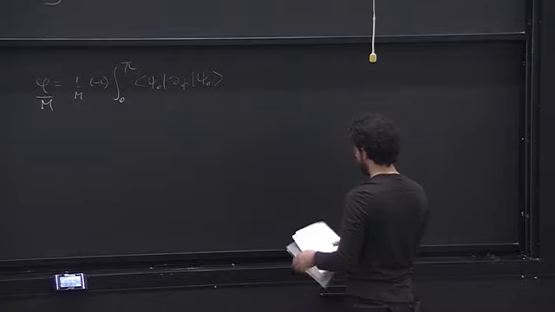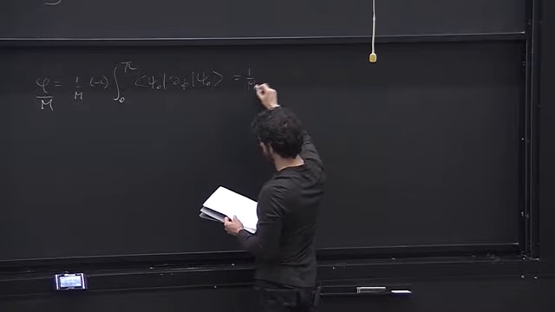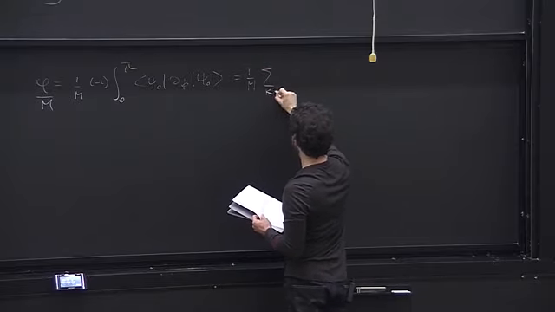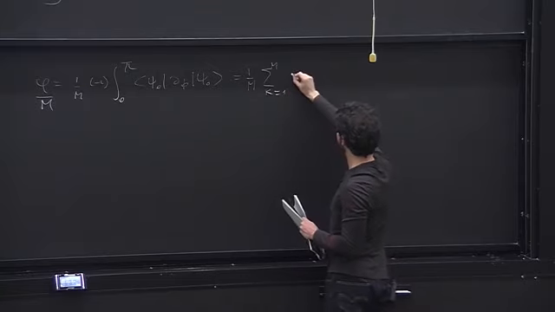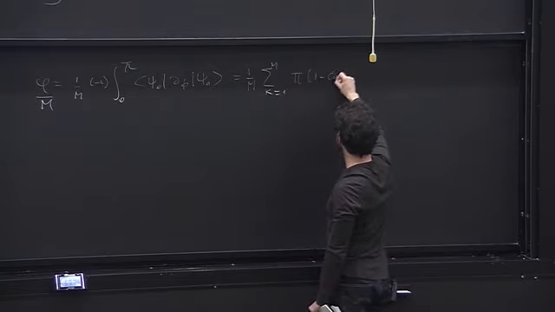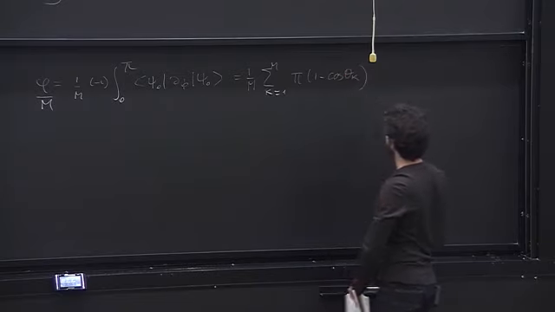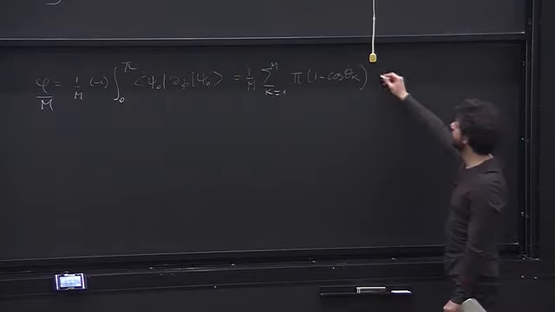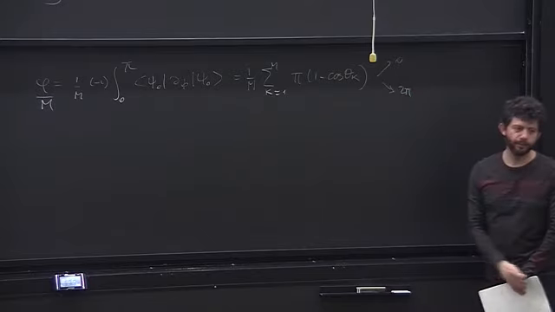If you do this integral, it's a bit long, so I give you the result. The sum over all the spins, over all the momenta, of pi times 1 minus cosine theta k. So you see that the result is either 0 or 2 pi, which is like 0.